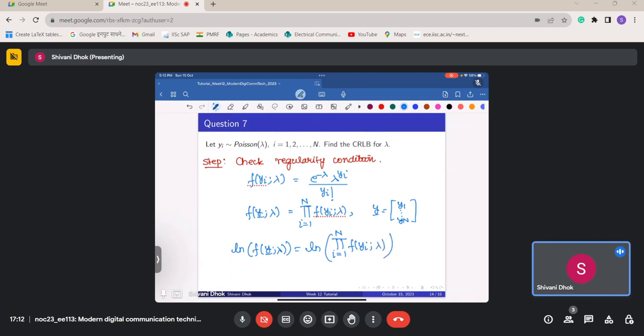Now log of a product is basically a sum of logs, so this comes out to be summation i equal to 1 to capital N log of f of yi given lambda.